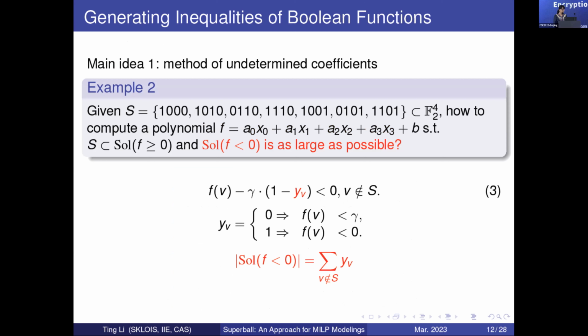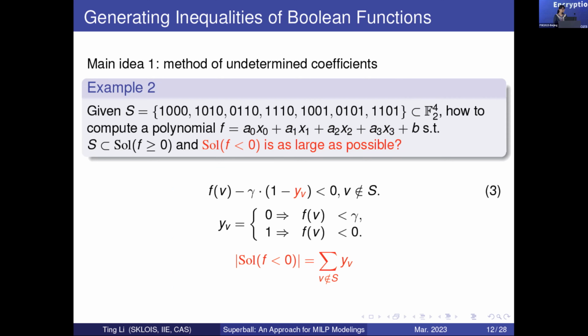Thus, if y_v is 1, f(v) must be negative. Otherwise, f(v) is less than gamma, where gamma is a very large positive constant, so there are actually no constraints on f(v) in this case.